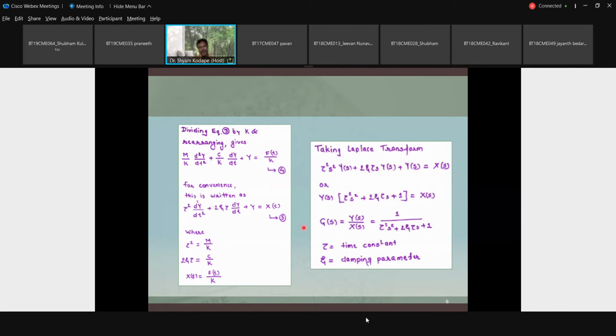This equation is there, Y by X(s) is equal to 1 upon tau square s square plus 2 xi tau s plus 1. Then what will happen if X(s) is a step change, an impulse change, a sinusoidal, or a linear change? How will the profile of y(t) behave? Why do we need to study all these things?